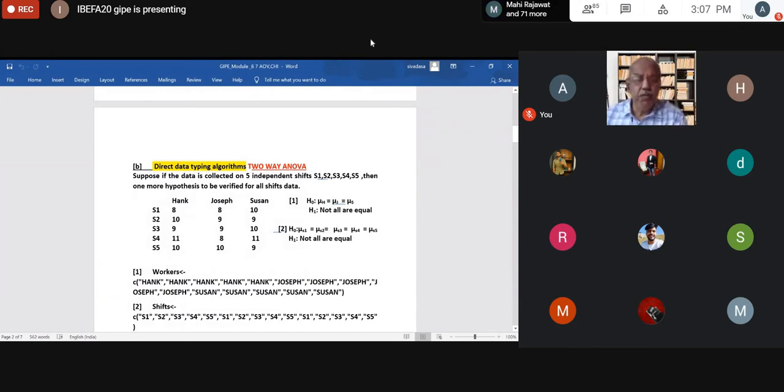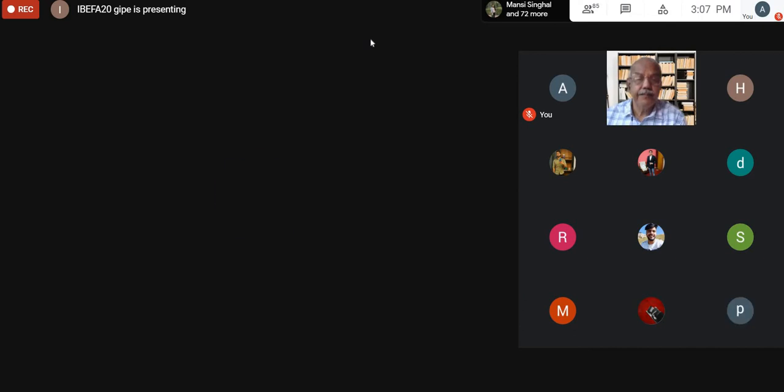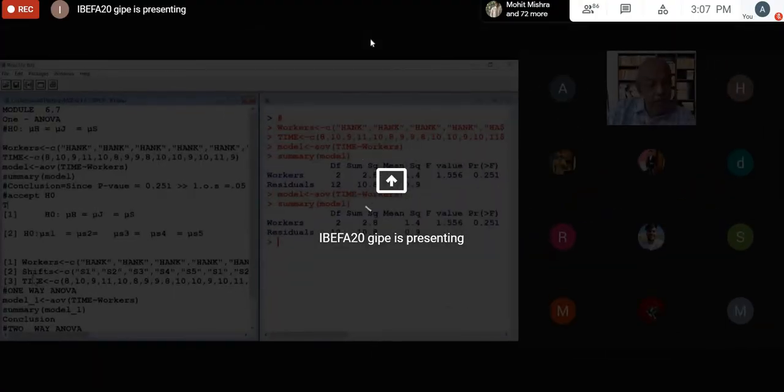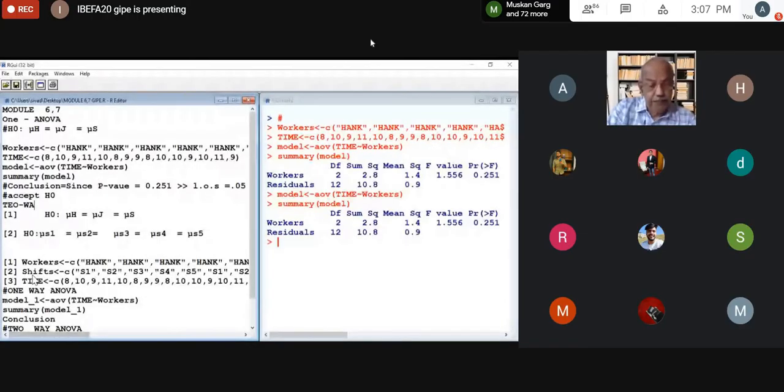So let me share with you my R. I am dealing with now two-way ANOVA. Hypothesis 1: workers-wise average is equal. Hypothesis 2: shift averages are equal.